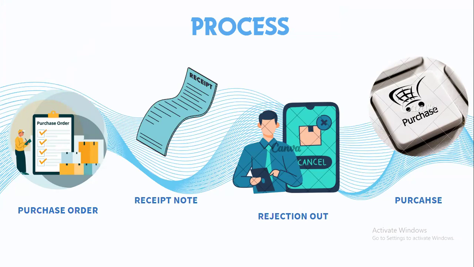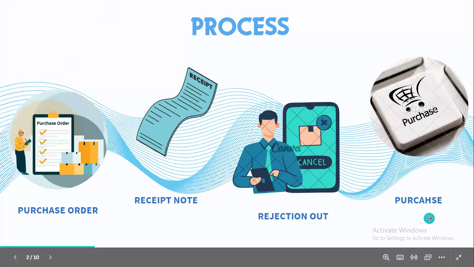These details are given with the purchase order number. Later, if such order has been received, which we ordered from the supplier, then that shall be entered in receipt note. Coming to rejection out, after receiving such goods, if any damaged goods have been received, then we reject such goods to the supplier.